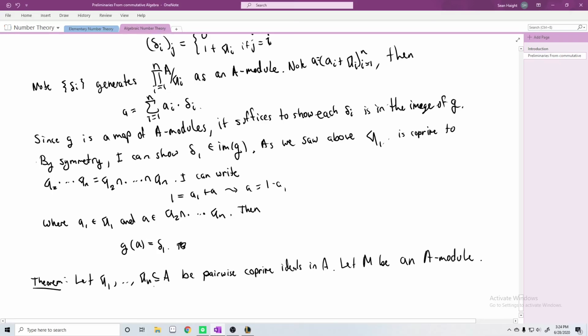Then we get a similar short exact sequence of A modules.